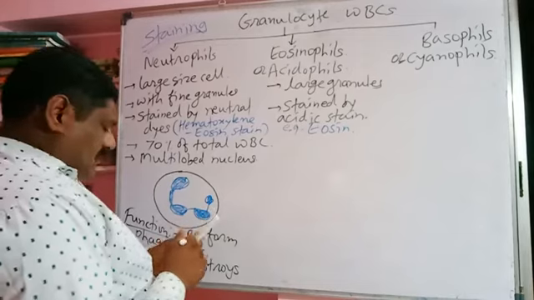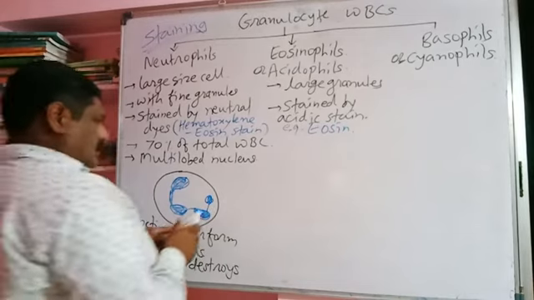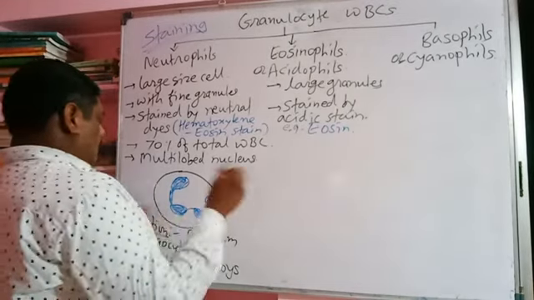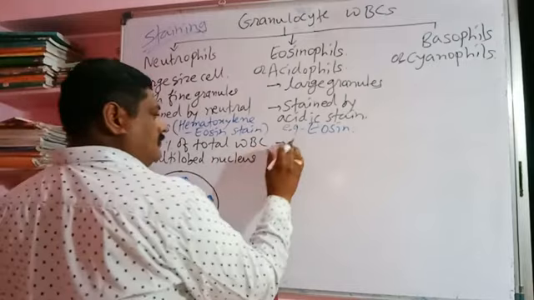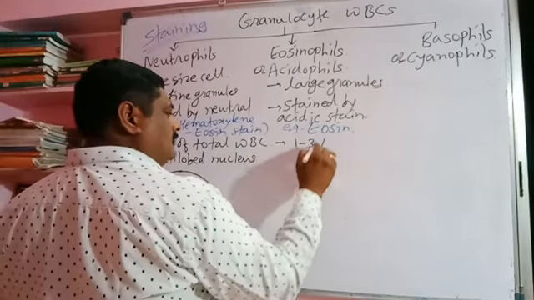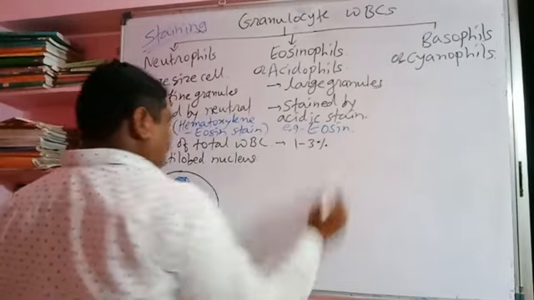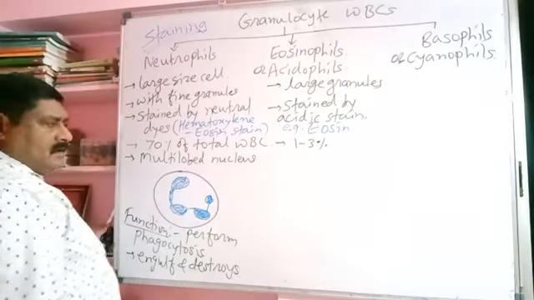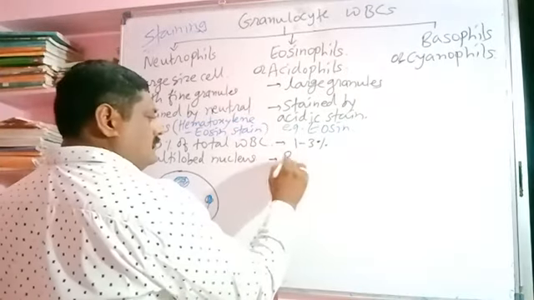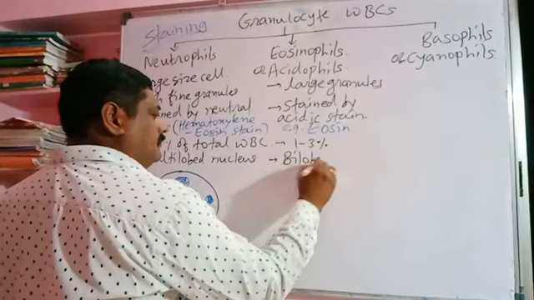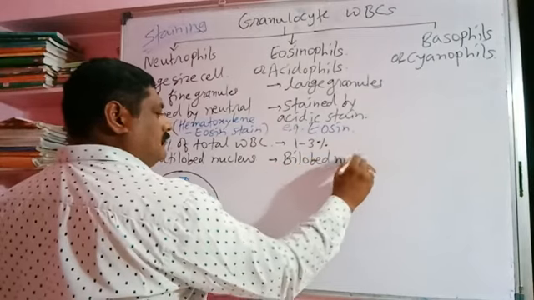These are about 1 to 3% of the total WBC, and the nucleus is a bilobed nucleus.